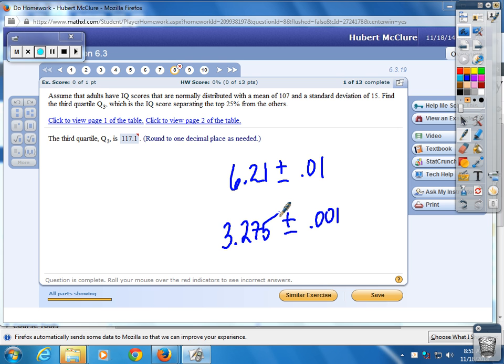And when they do that, that means that your answer can be 3.274, 3.275, or 3.276. Or 6.20, 6.21, 6.22. So they give you a window, and this problem didn't because they told you to round to the nearest tenth. Usually when they tell you to round to the nearest highest place value, that usually means that they're not going to have a window. Okay?